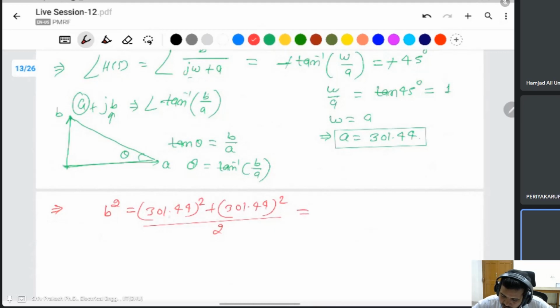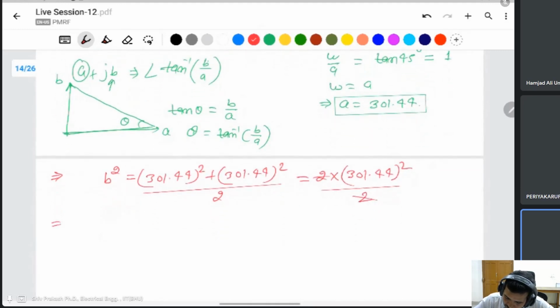You can say this one is 2 into 301.44 square divided by 2. 2 will cancel out. Then B square is equal to 301.44 square. Then what is the B? B value is the same as A value.